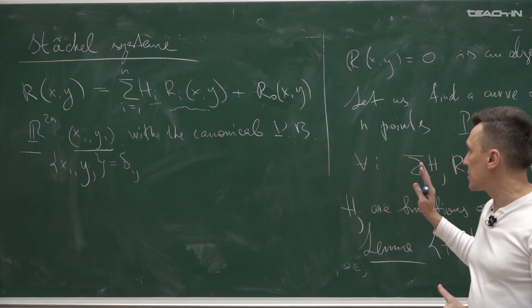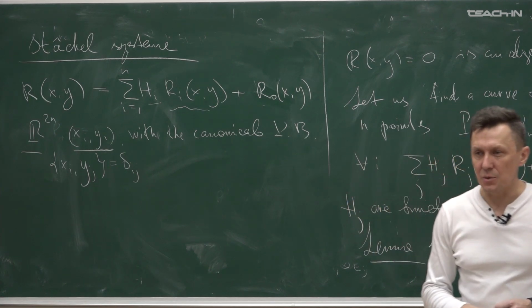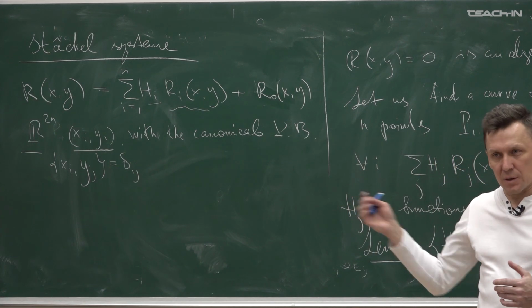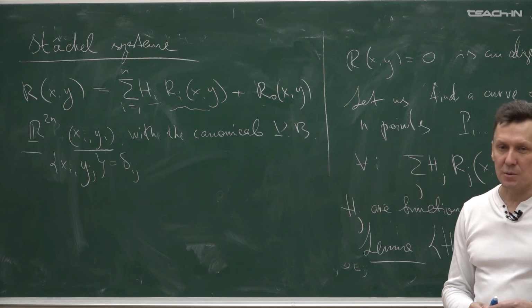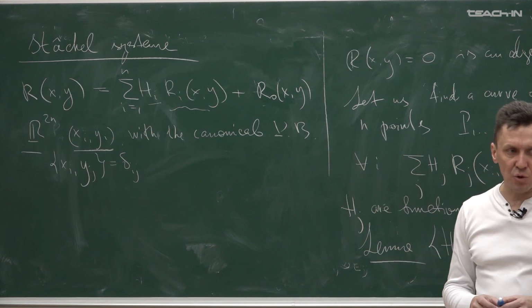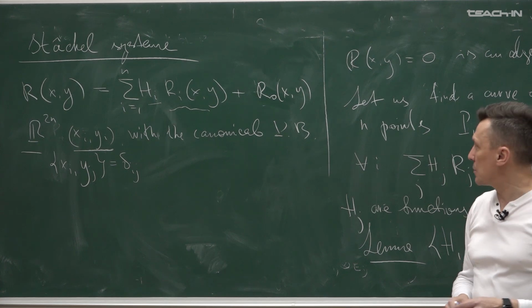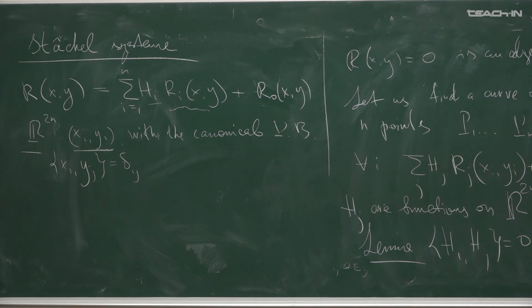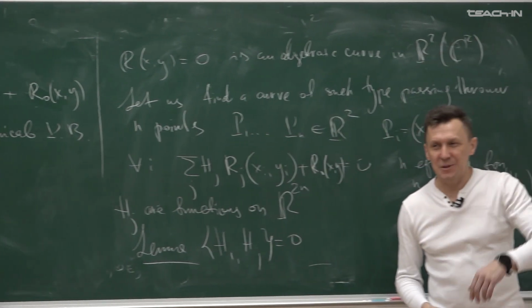And this is quite a general setup. So quite often known integrable systems can be interpreted in such a way. That's why we make a small remark on this consideration. Let us try to demonstrate this lemma.